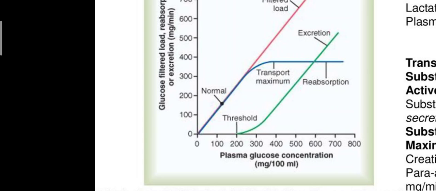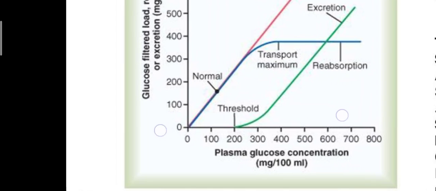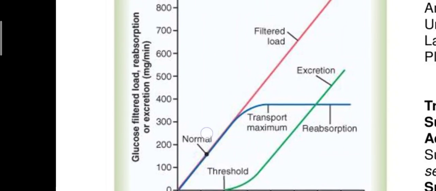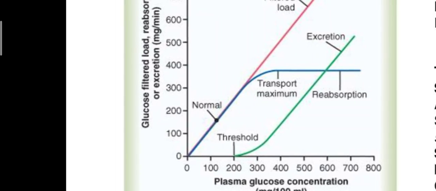This shows the relationship between filtered load, plasma concentration, tubular maximum, and rate of glucose in urine. Look at the diagram. Here you can see when plasma glucose is 100 mg per 100 ml, there is no glucose in urine.